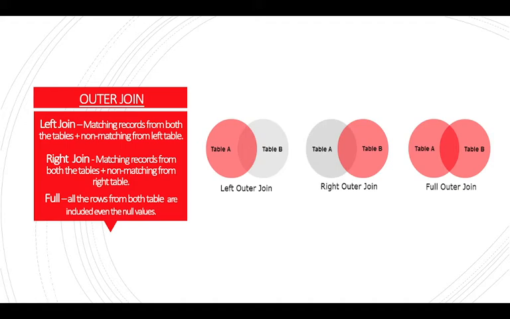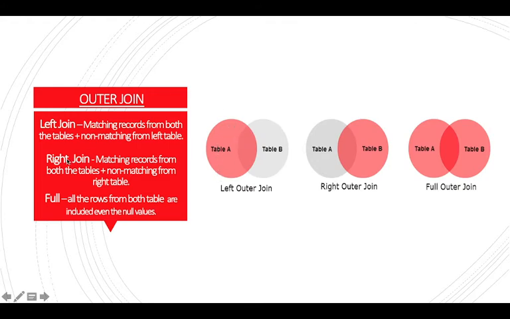So if there are some non-matching values in the left table, that is the first table we are talking about, it is also going to fetch that along with matching records from both the tables. If you consider this diagram, we have table A and table B. The left outer join will fetch this common matching records as well as the non-matching records from the left table, that is the first table.